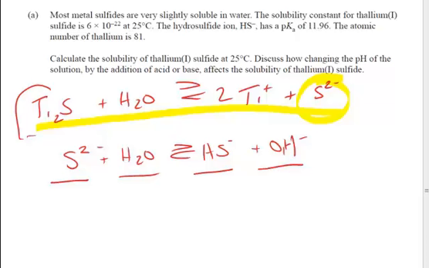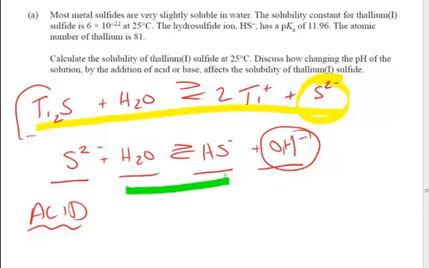So if we add acid to start with, what's going to happen here? If we add acid, obviously that's going to remove some of the hydroxide ions, it's going to decrease that. That means this equilibrium will shift over to the right, and that's going to use up some of the sulfide. So when we do that, that's going to increase the solubility, and so more thallium sulfide will be able to dissolve.